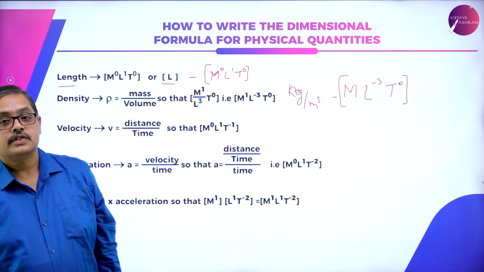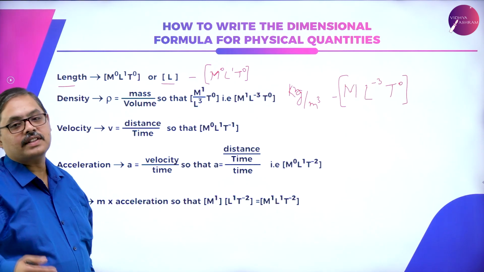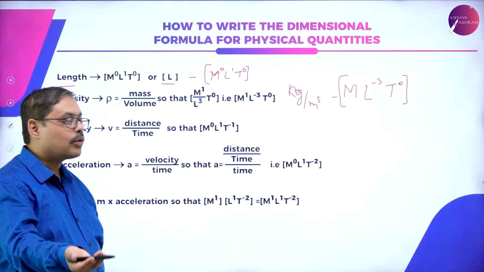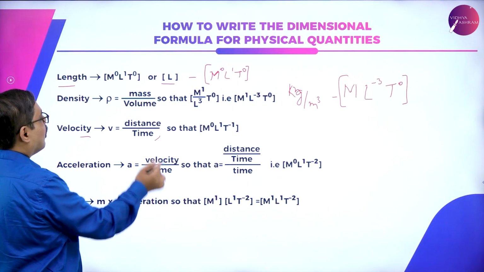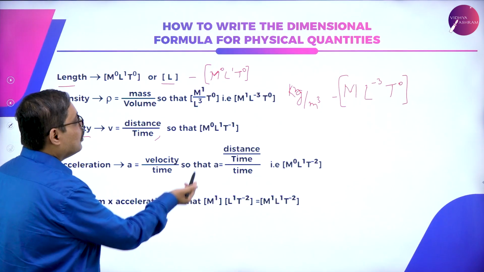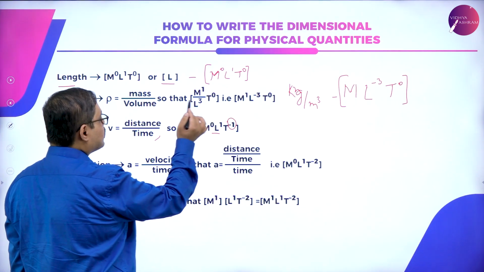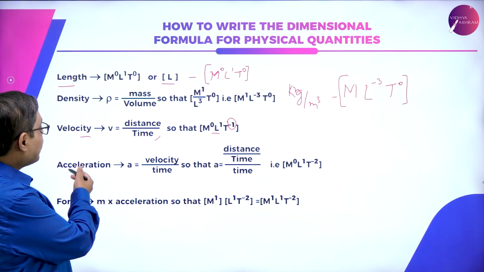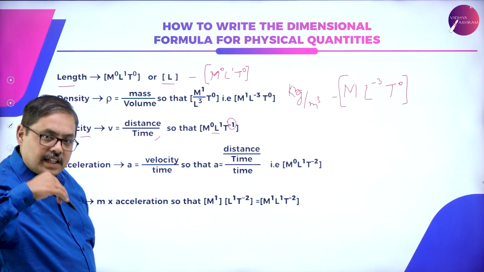Okay. Similarly, I can express it for any other quantities that you know, or any other derived quantities. Velocity is distance by time, or rather displacement by time. 1 unit of length and minus 1 dimension in time. Similarly, acceleration is rate of change of velocity, or velocity by time.